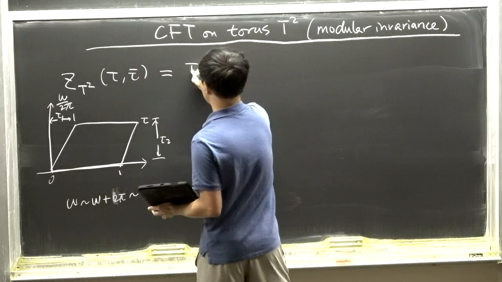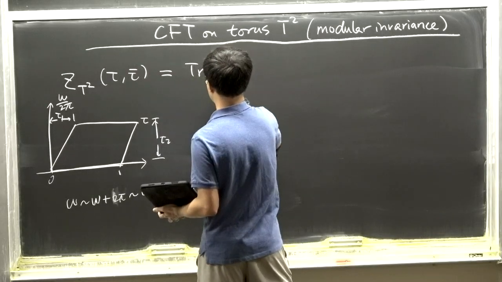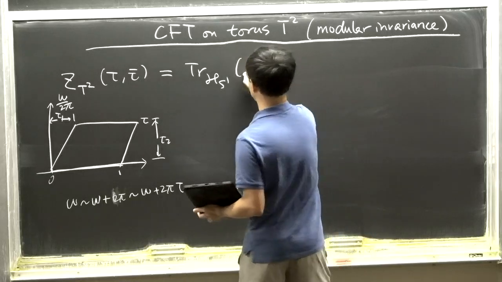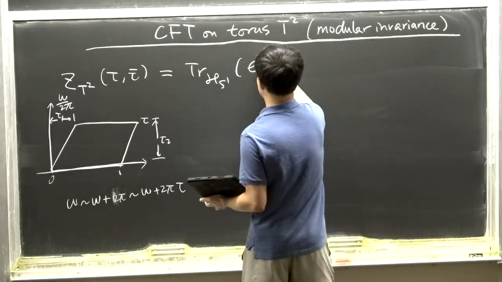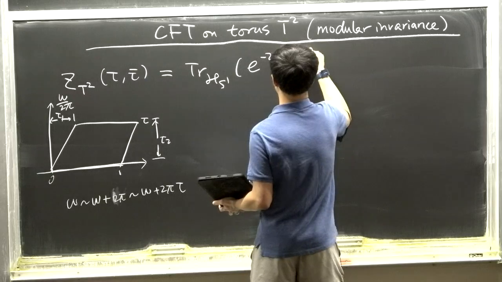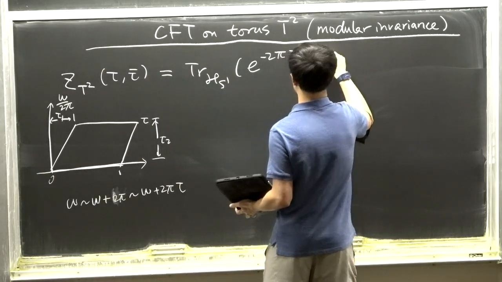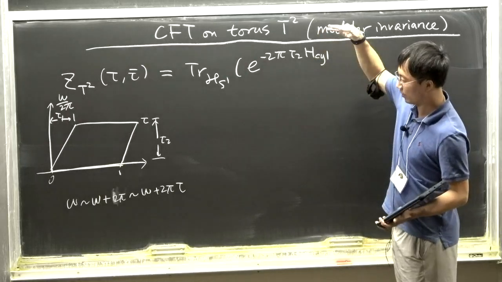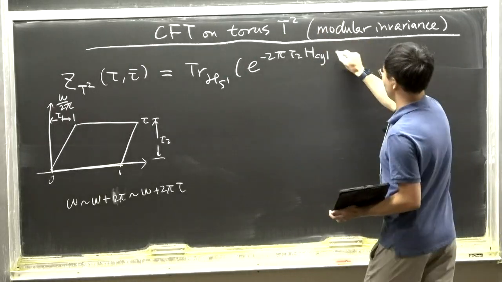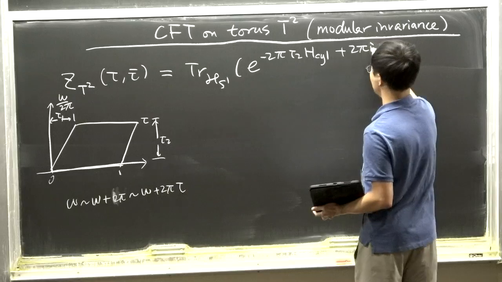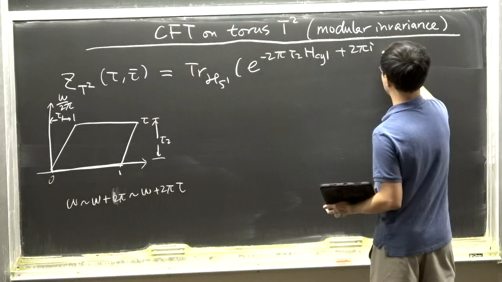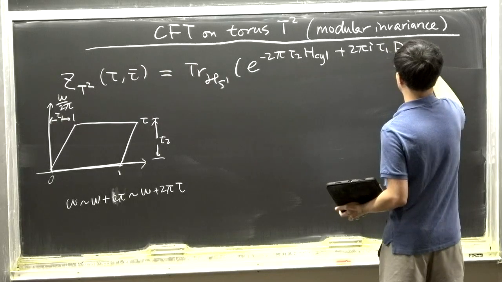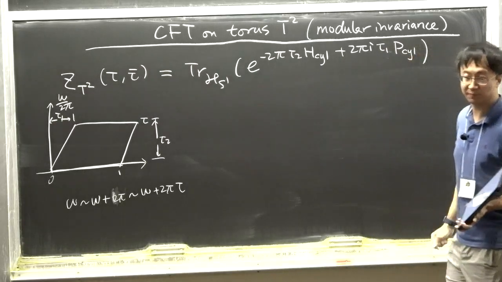You can think about this torus partition function as a trace over the Hilbert space on S1 in this picture, where you have the evolution in the time direction coming from the Hamiltonian on the cylinder by the time step tau 2, and then in addition, this shift in the spatial direction by an amount tau 1, using the translation operator P, again on the cylinder.